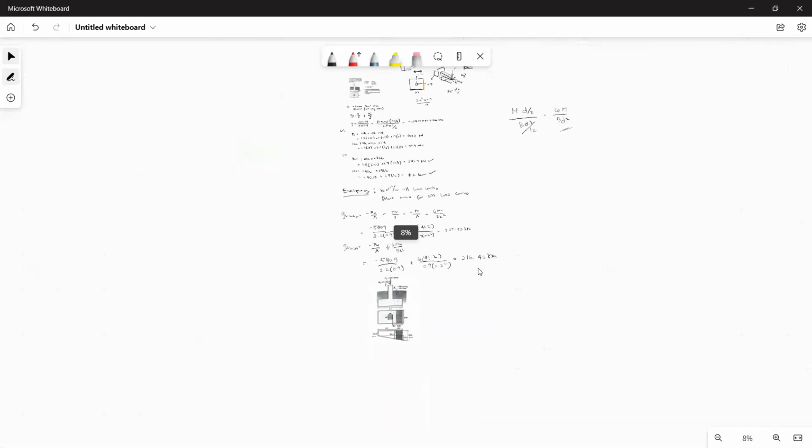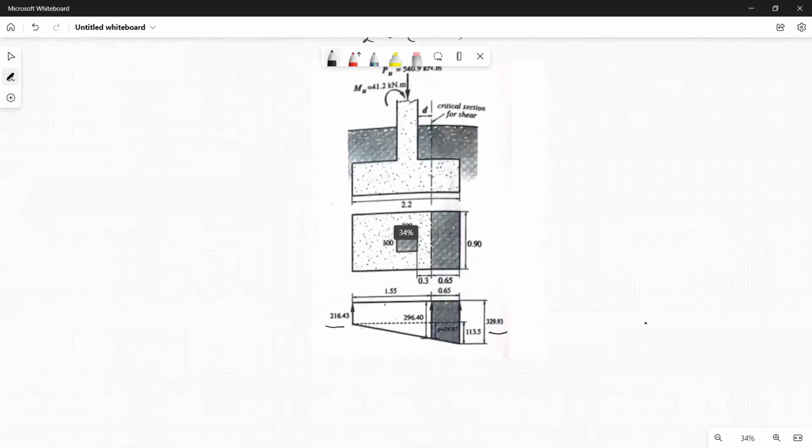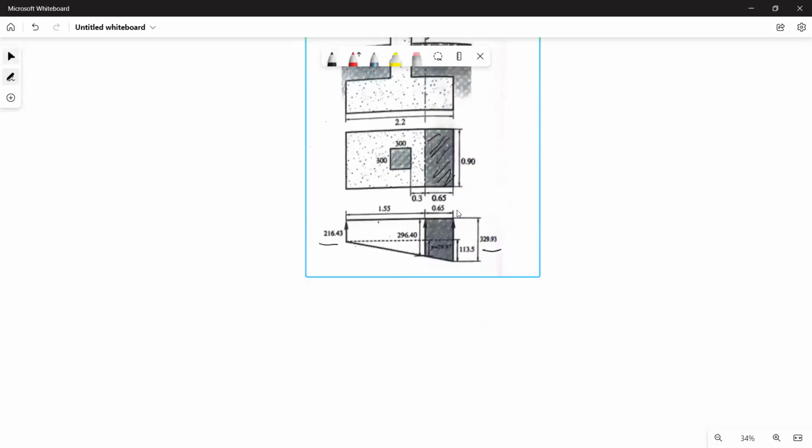So you take the area here. If you recall, we took the QU and multiplied it by this area. However, this time the pressure underneath is different. The pressure underneath is trapezoidal.